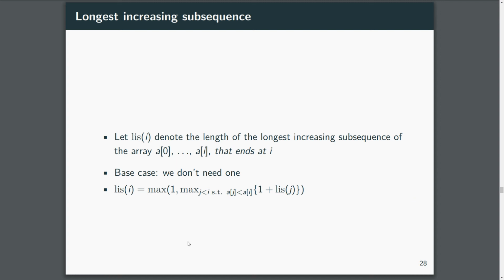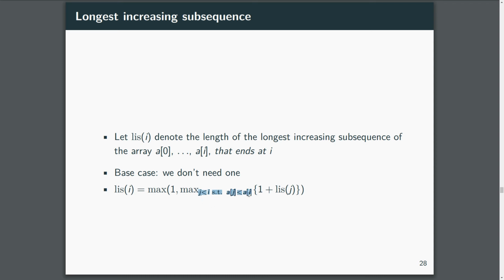No, this is essentially just a for loop. For all indices j which are less than i, such that the value at index j is less than the value at index i. Okay. Yeah, I did not see it. I thought I was reading it like mathematics. Yeah, this is essentially a set.